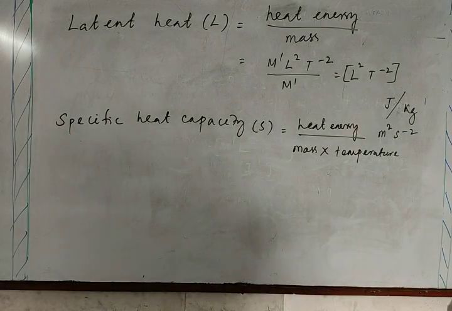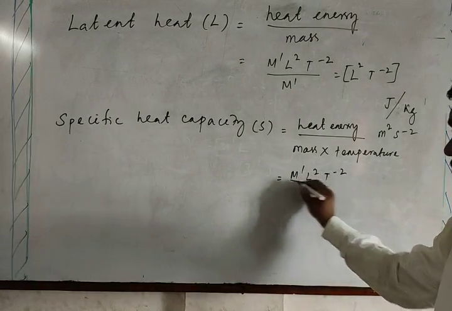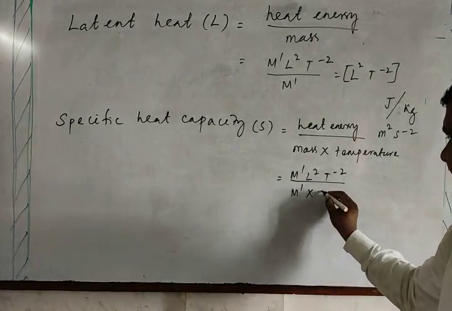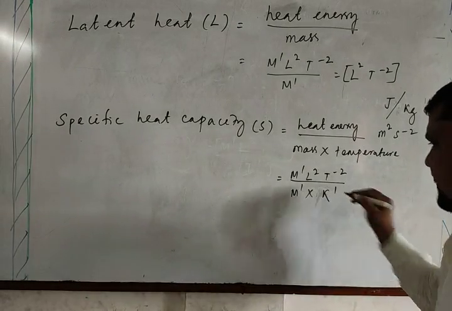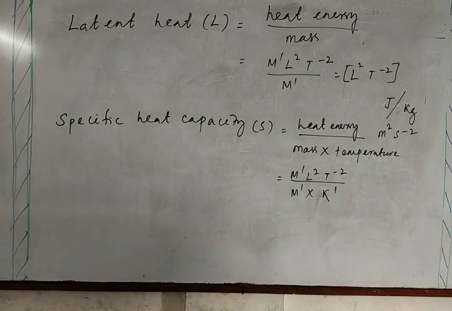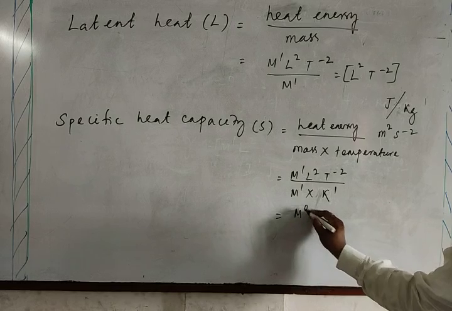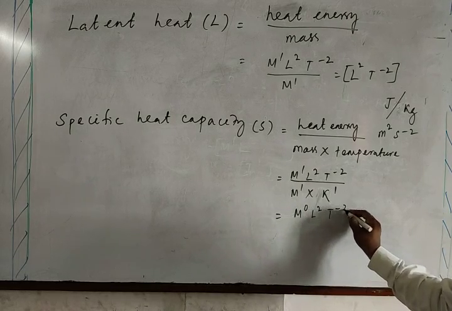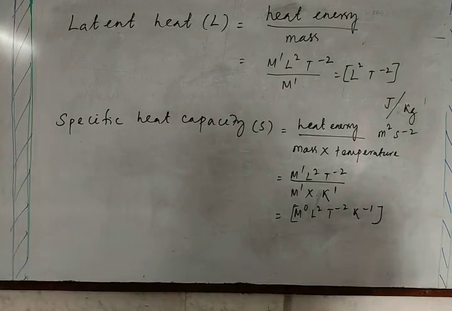So already you know that heat energy is M1 L2 T minus 2, mass is M1 and temperature is Kelvin, so the dimension formula is K1. So the mass cancels, and we get M0 L2 T minus 2 K minus 1. This is the dimension.